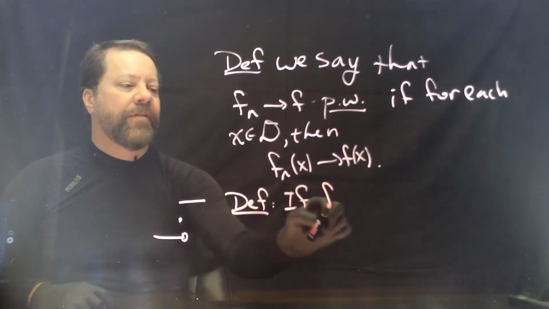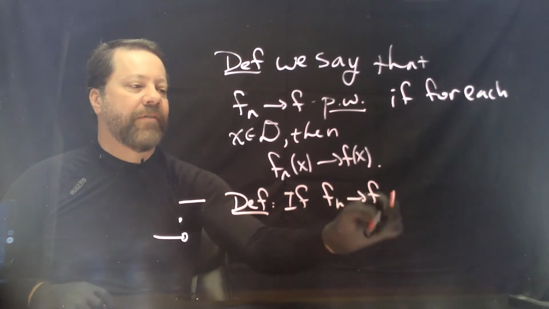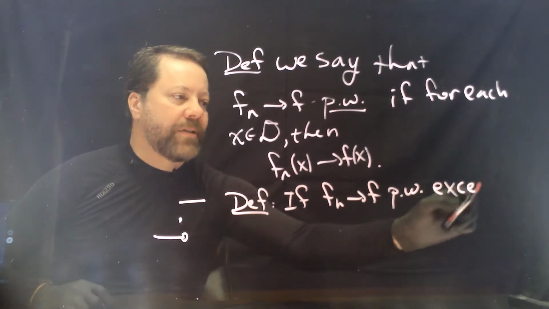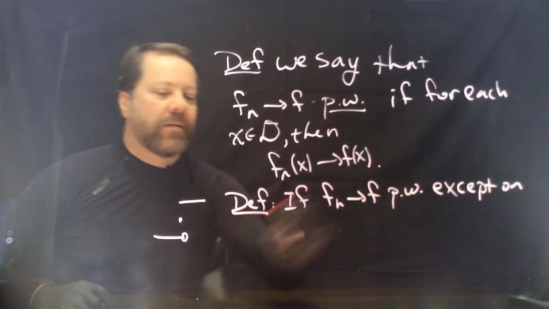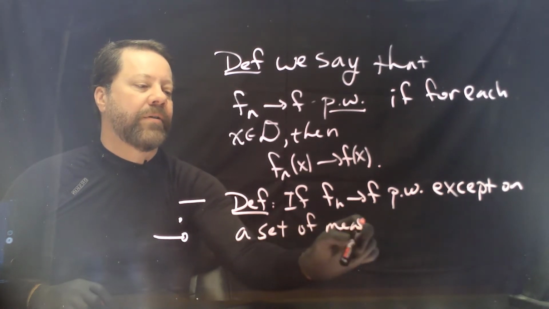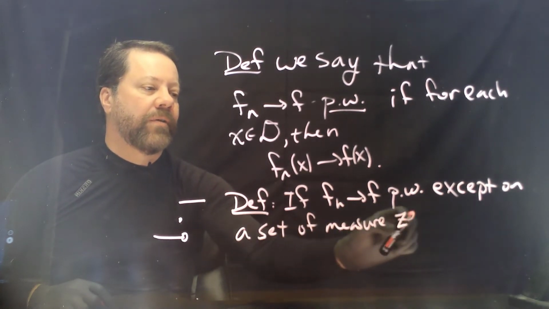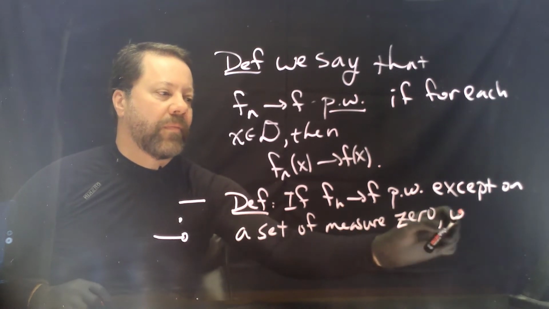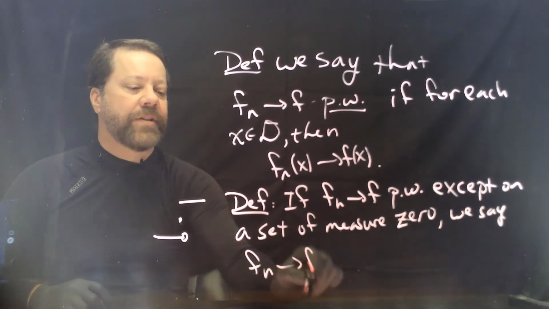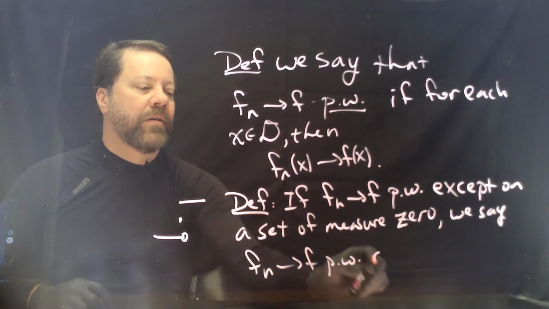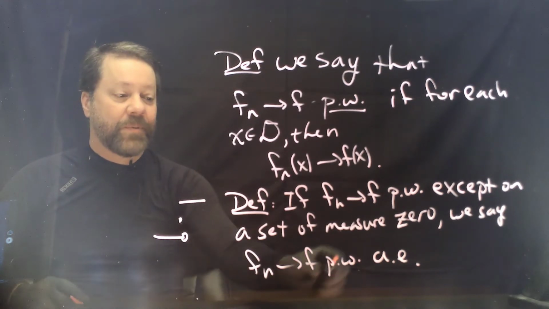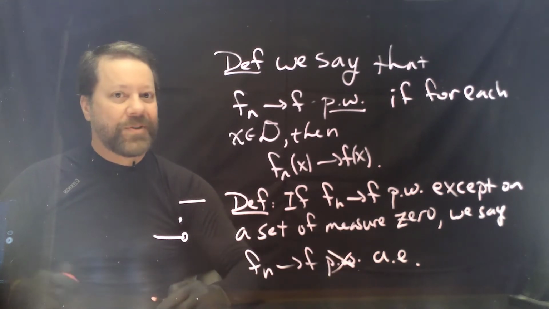So if f_n converges to f pointwise except on a set of measure 0, we say f_n converges to f pointwise almost everywhere. Or sometimes we'll just say almost everywhere.